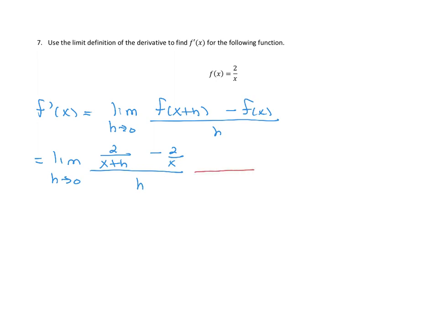When dealing with fractions within fractions, a good move is to multiply by the least common denominator, which is x plus h times x. The reason is when you distribute it to the numerator, it's going to cancel the fractions within fractions.